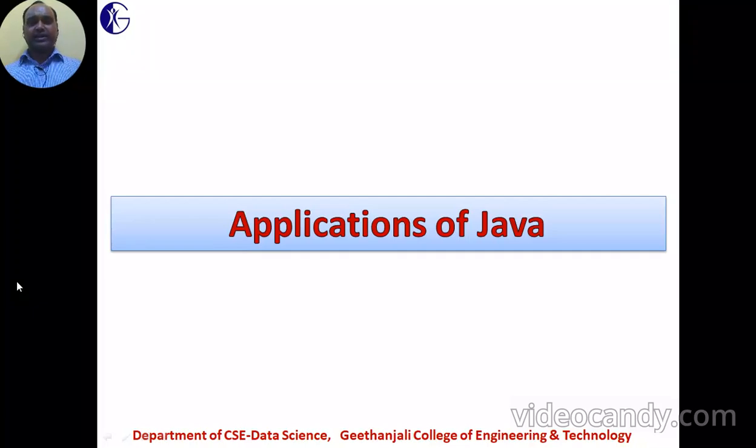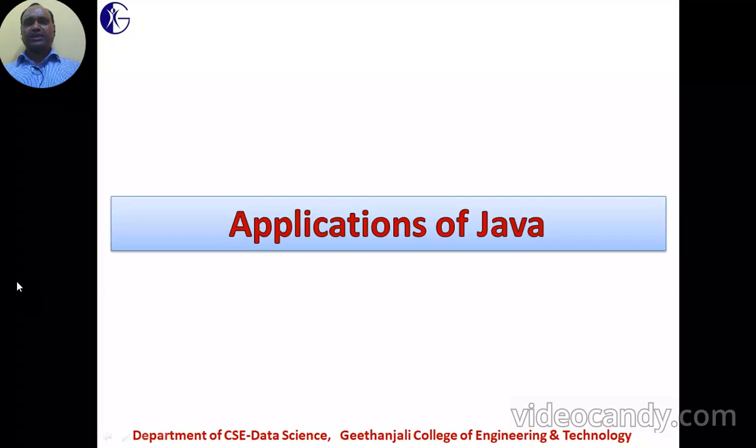Every year they released one version of Java, and every version is an improvement over the previous one, with the features that are required for the industry at that time. So today if you see Java, a number of versions are available. All these have made Java a universal language.